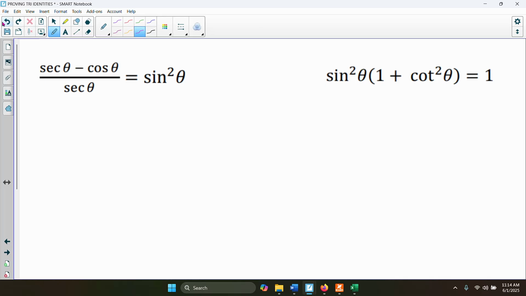So I'm going to introduce a technique right there. Looking at this, you could remember from video one, convert everything to sines and cosines. You could, and you say this is cosine, 1 minus cosine divided by 1 minus cosine. In this case, it's really not the way to go.